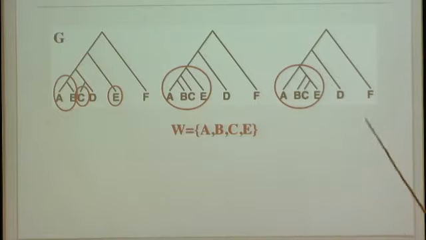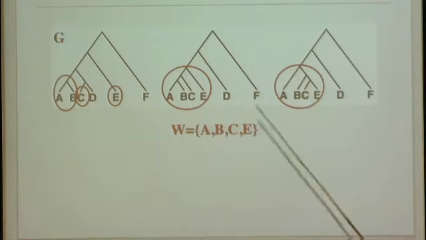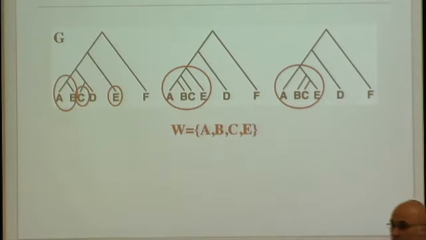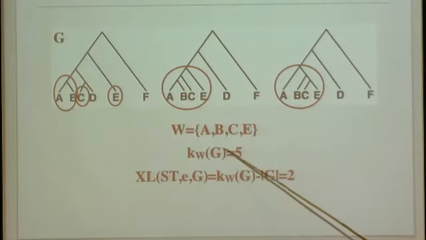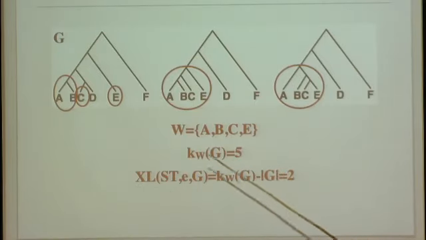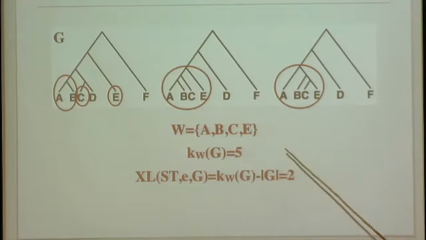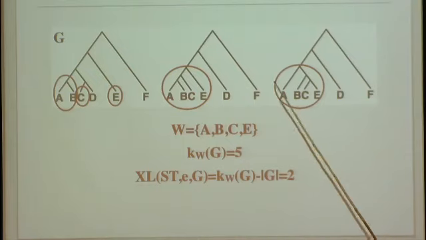These are the only maximal subtrees whose leaves are subsets of this. Now K_W(G) is this number of maximal subtrees minus the number of gene trees. So if you tell me that A, B, C, E is a cluster in the species tree, I can tell you that the number of extra lineages on that branch will be 2, for this input of gene trees.